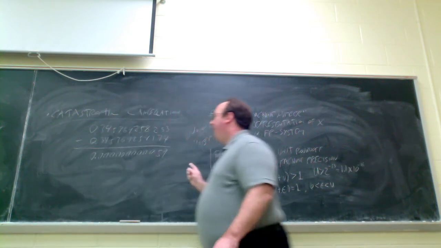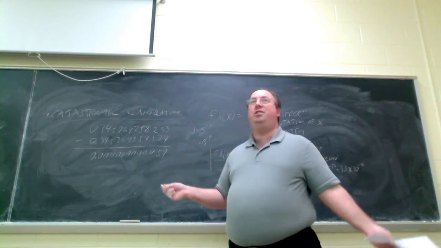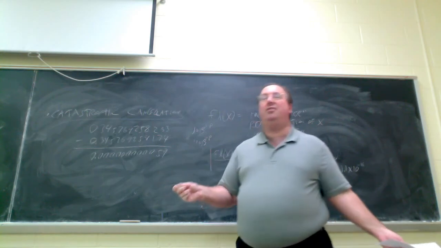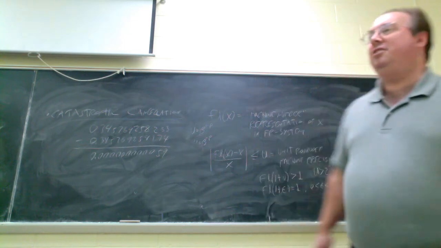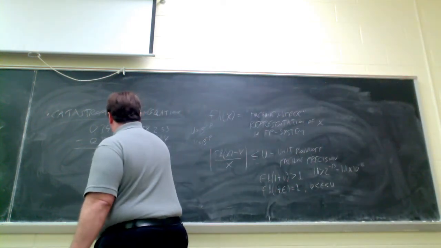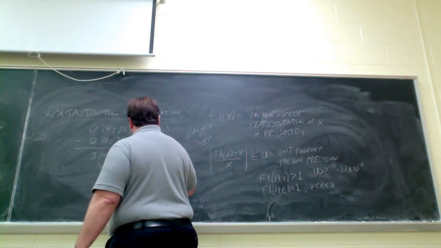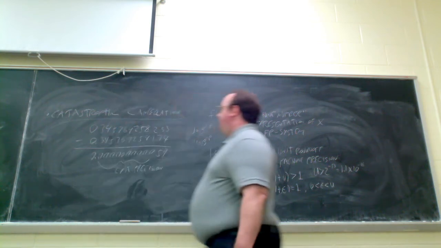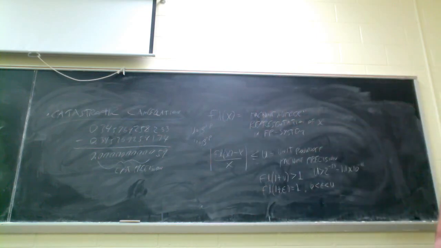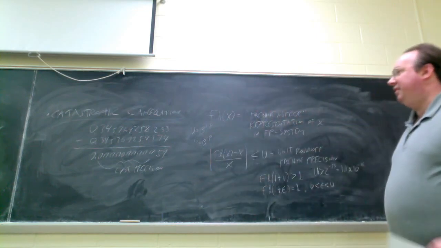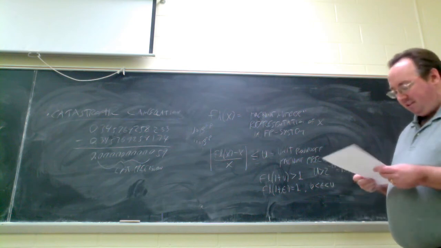So now I only have 2 digits that I can use to represent my answer. I've just given away 10 digits of precision. So my result is much less accurate than either of the numbers I subtracted.